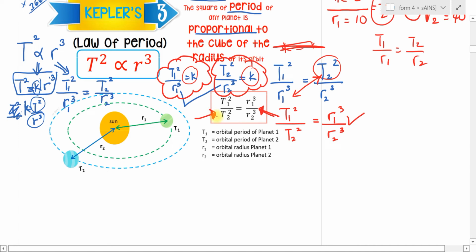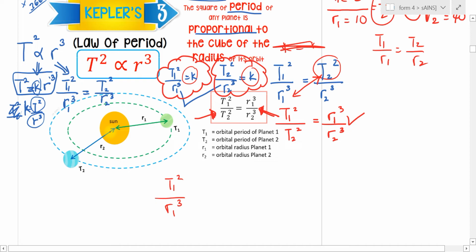And remember, R2 is the distance from the sun to the other planet. To the other planet. That means your T1 square with R1 cube, the value taken to revolve around, all the orbit must be proportional only.